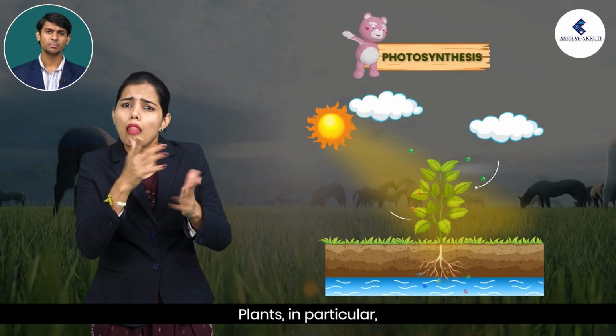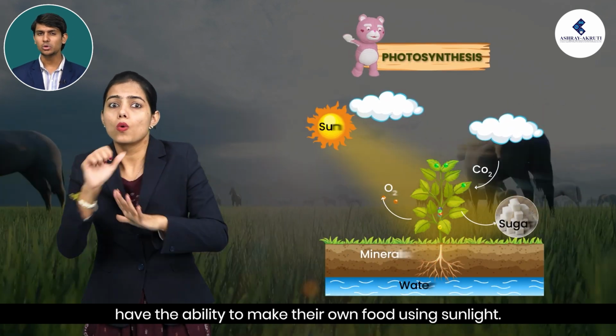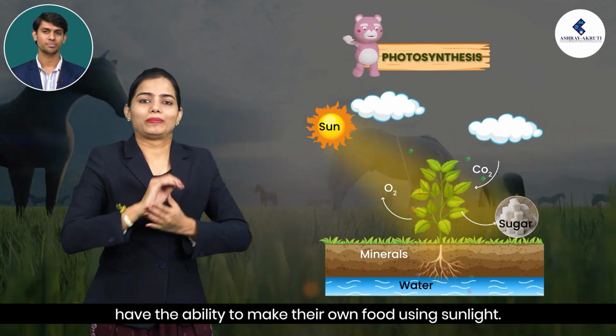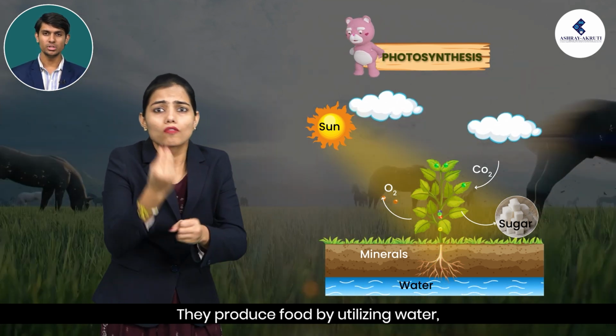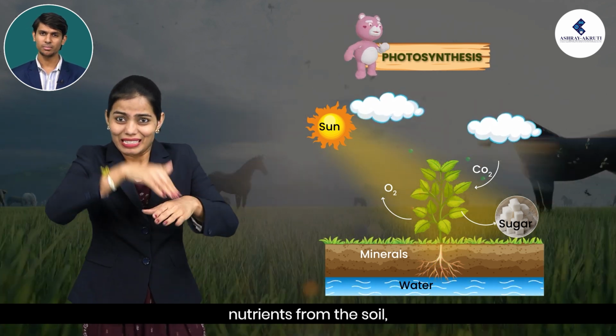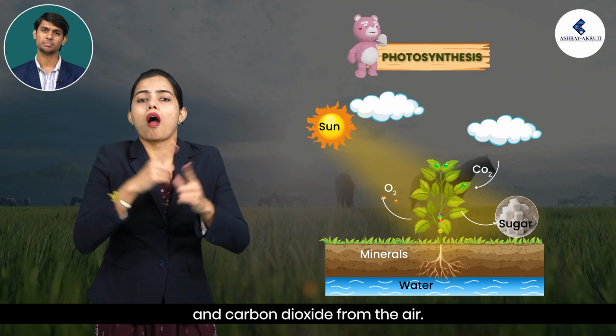Plants in particular have the ability to make their own food using sunlight. They produce food by utilizing water, nutrients from the soil, and carbon dioxide from the air.